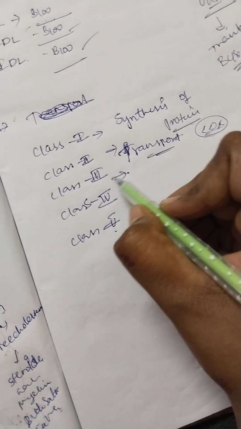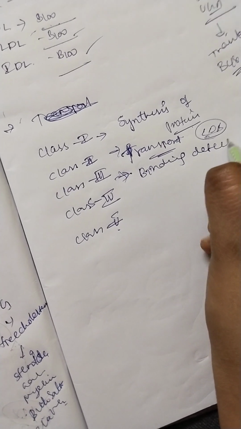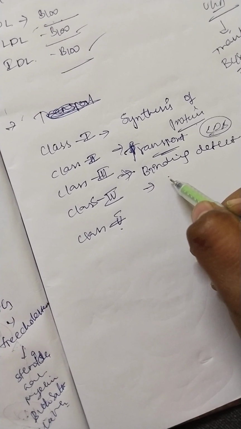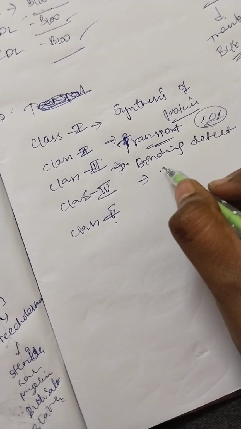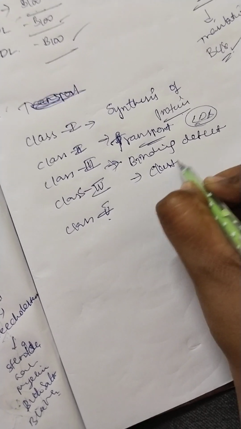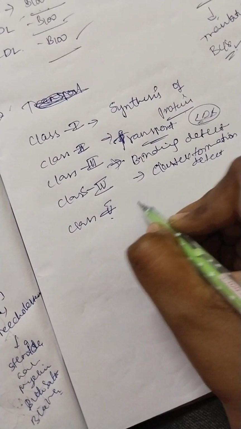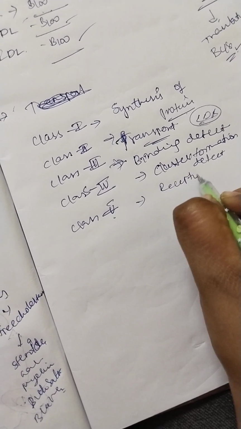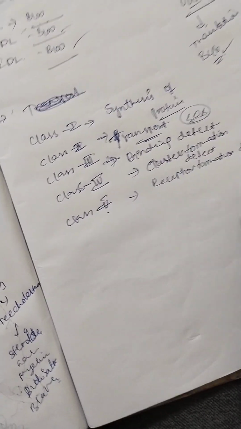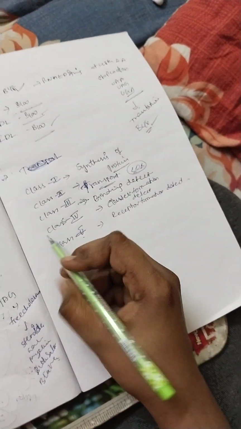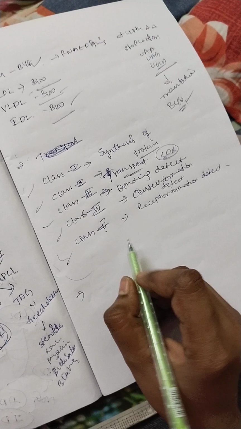In class 3 there is a binding defect. In class 4 there is a binding and cluster formation defect. Some are receptor formation defects. These are the classes in which we are seeing major defects in the metabolism.